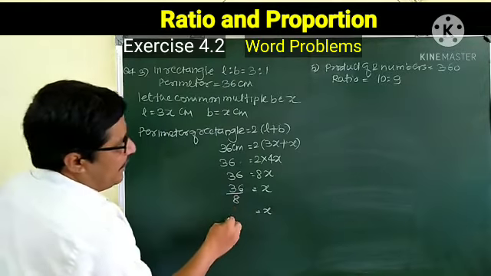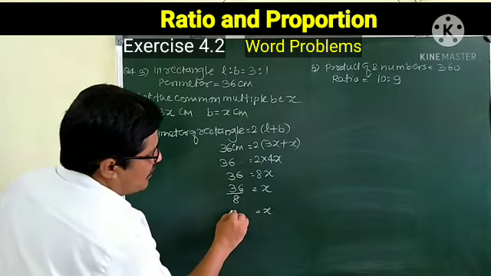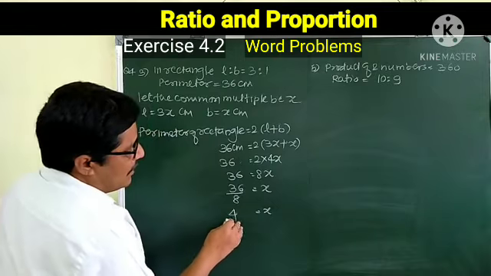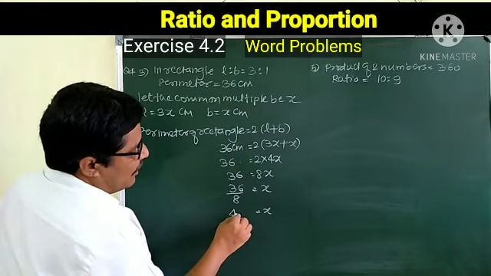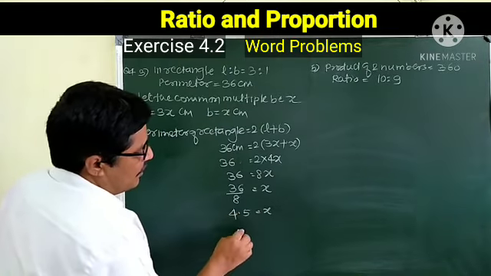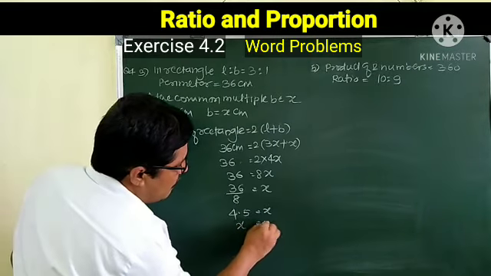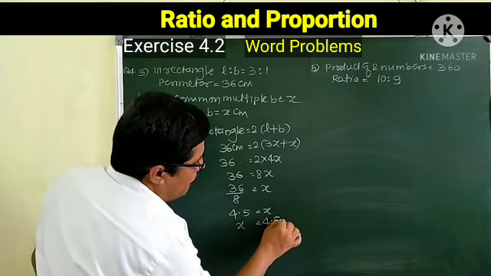Divide 36 by 8. So 8 4s are 32, carry 4, 40, 8 5s are 40. So x is equal to 4.5.